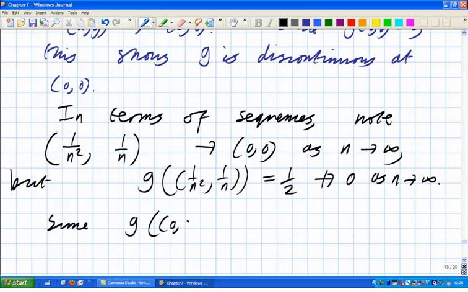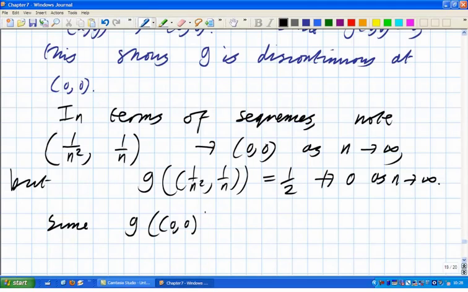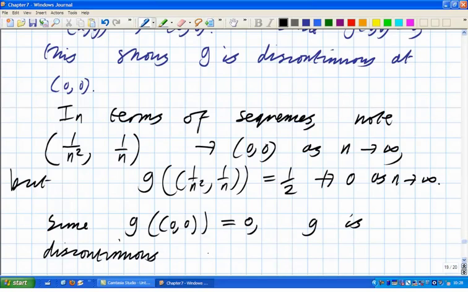But g of (1 over n squared, 1 over n) is on the curve x equals y squared, so that is equal to a half, which does not tend to 0 as n tends to infinity. And since g of (0, 0) is 0, we have g is discontinuous at the origin.